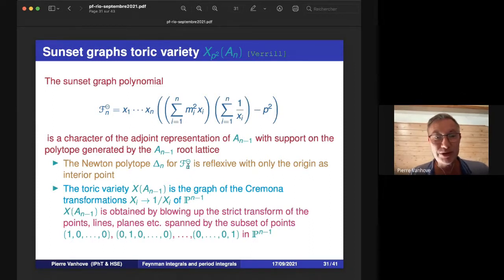So the Newton polytope of this guy, but if you write it this way, then you see you have shifted so that you see the origin is reflexive, with only the origin as an interior point. And the toric variety associated to that homogeneous polynomial is the graph of the Cremona transformation that you do when you act with the inversion of the coordinates.